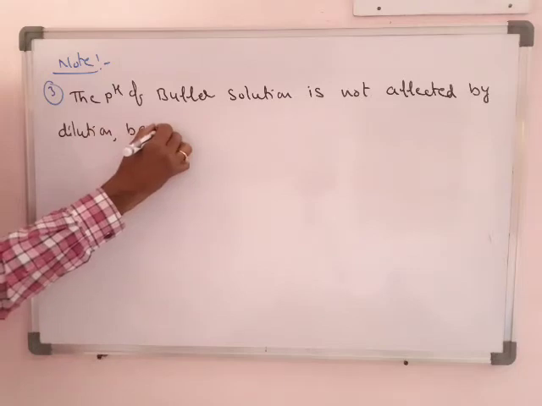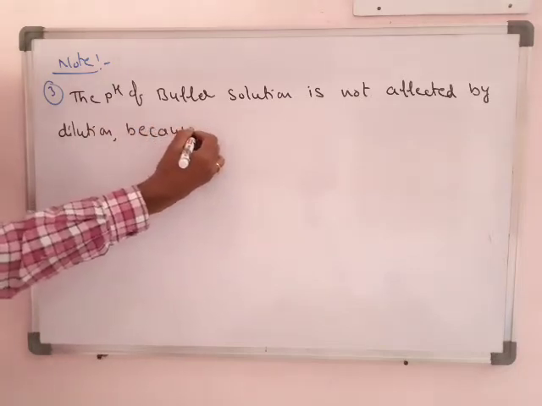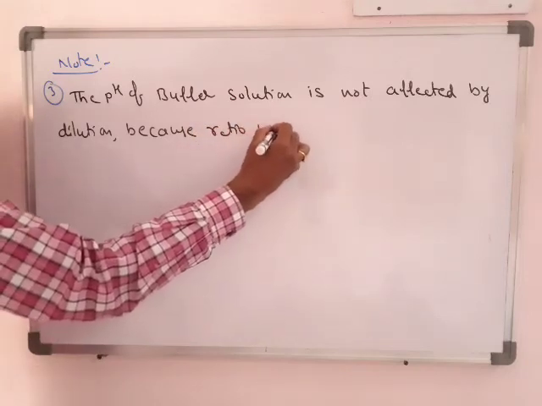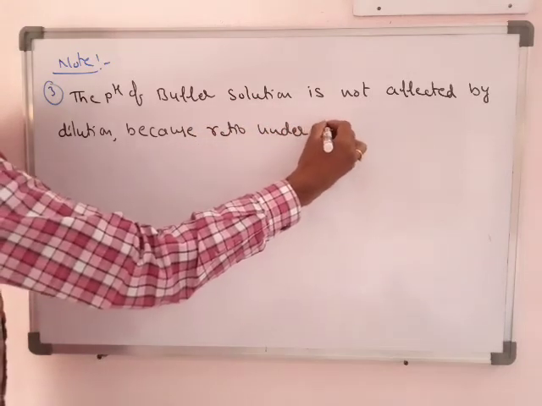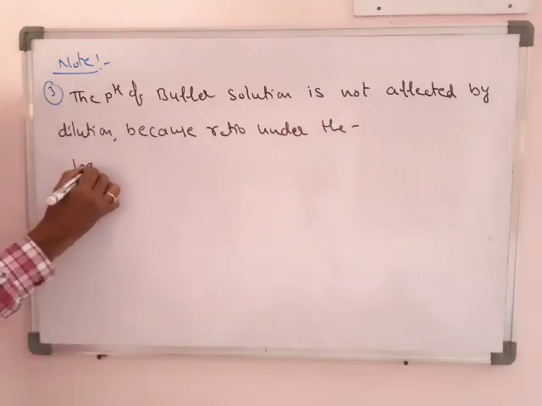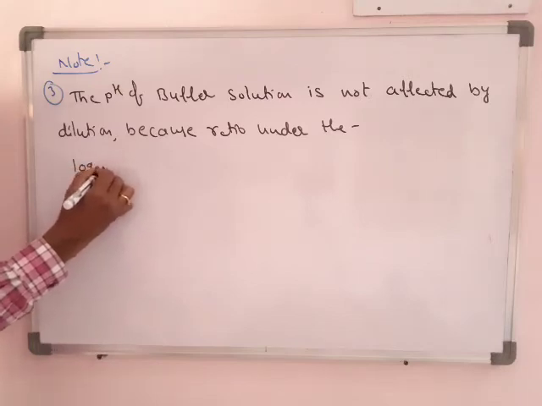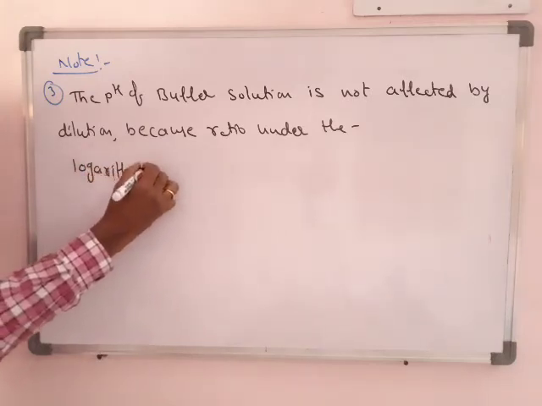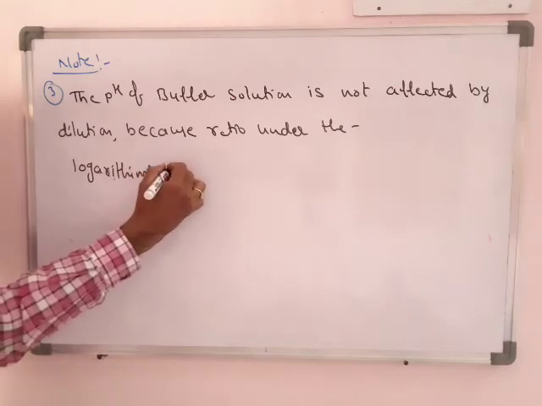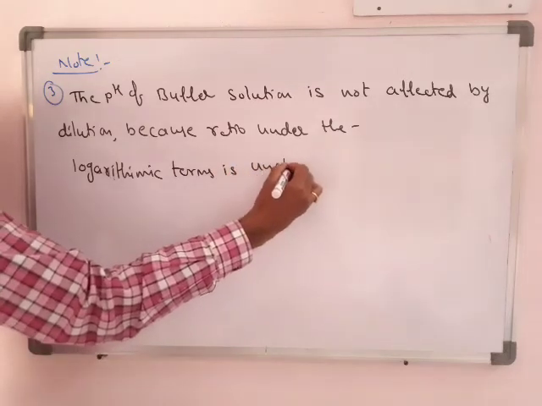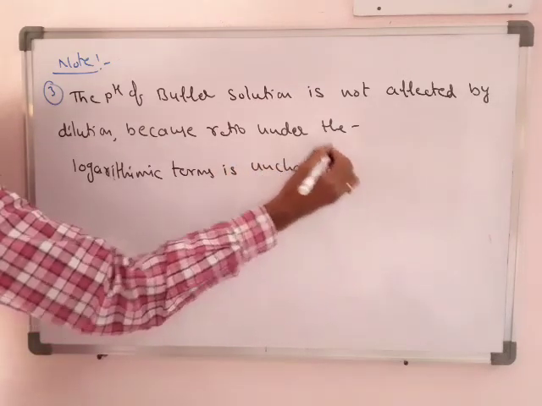So what is the main reason for it? It is just because the ratio under the logarithmic term is unchanged.